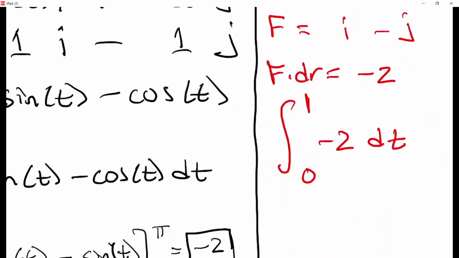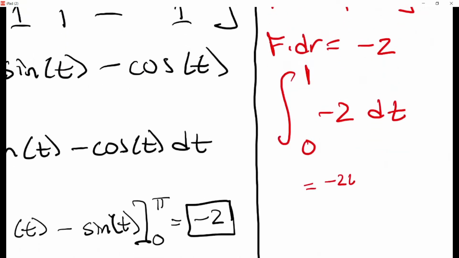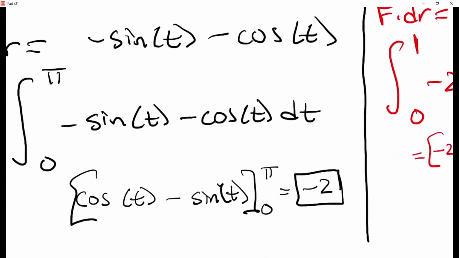So all you have to do is the final step. It's not bad. Doing the integral of negative 2 dt. Rostin, do you know the antiderivative of negative 2? Yeah, negative 2t. And then we can plug in these two things, and you just get negative 2. Look at that. We got negative 2 from both of those.